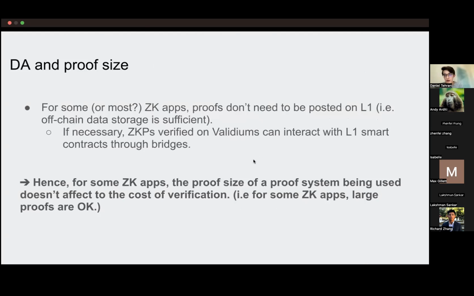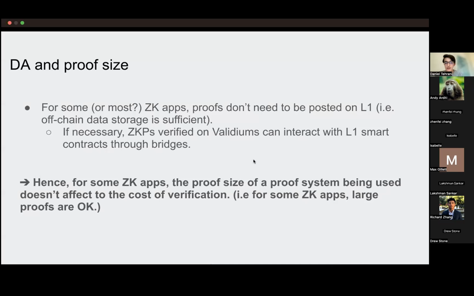Before talking more about the question and the answer, I want to talk about data availability and proof size. For most zero knowledge applications, proofs don't need to be posted on L1, or its data availability layer doesn't have to be Ethereum L1, and off-chain data storage is sufficient.